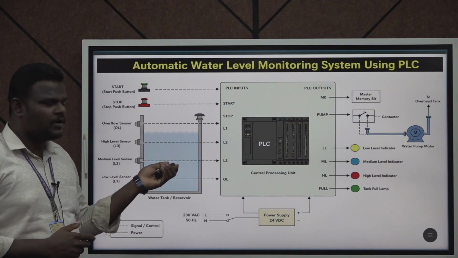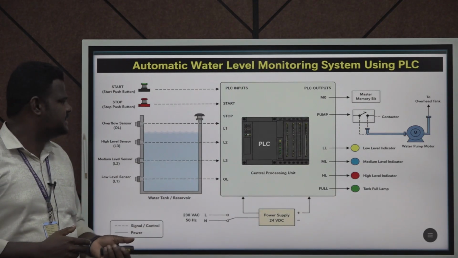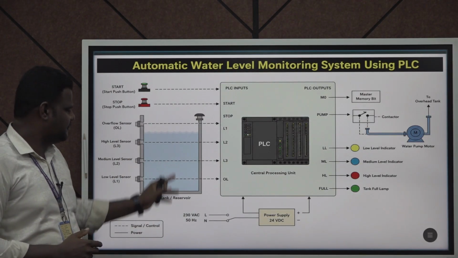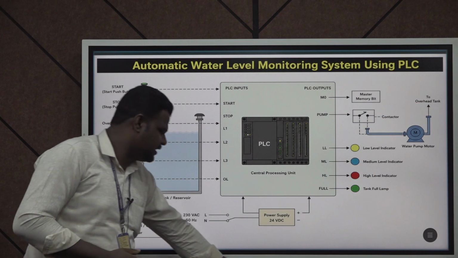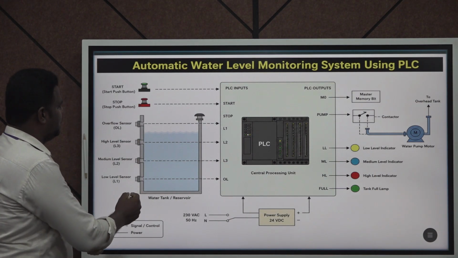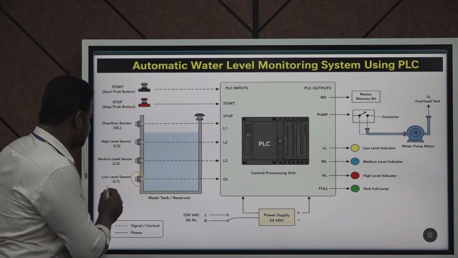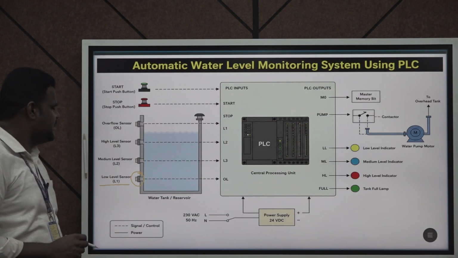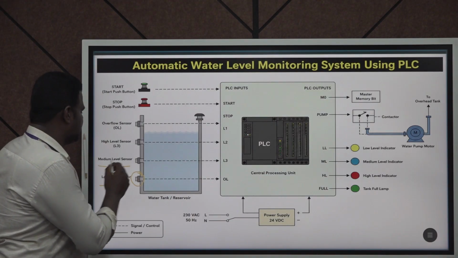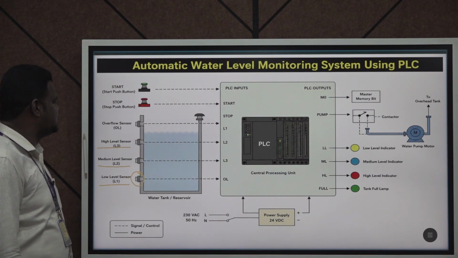This is the overall schematic diagram of the automatic water level monitoring system using PLC. First, we have the water tank. In the tank we have placed sensors at three different levels: a low level sensor at the bottom, a medium level sensor in the middle, and a high level sensor at the high level.